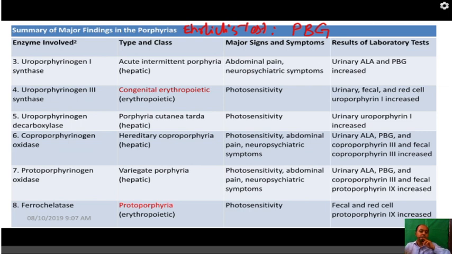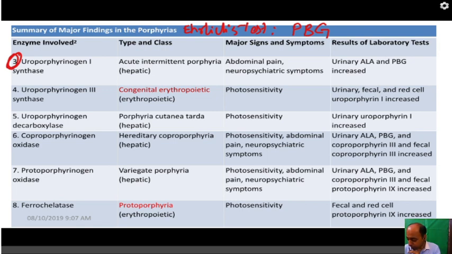So until the PBG is formed, the Ehrlich test will not become positive, and therefore the old identification of porphyria starts with enzyme number 3. The newer classification will also list enzyme 1 and 2 in the list of porphyrias.